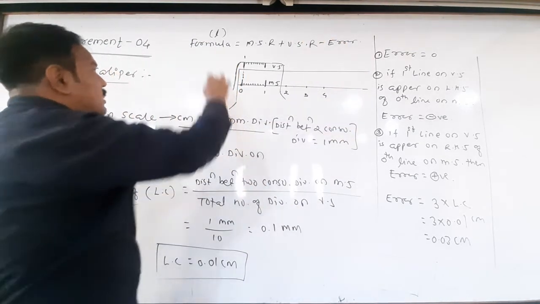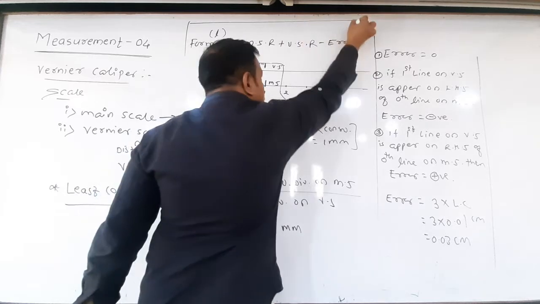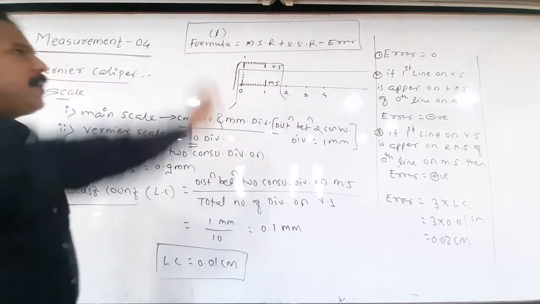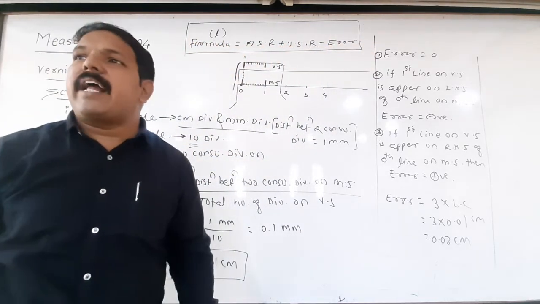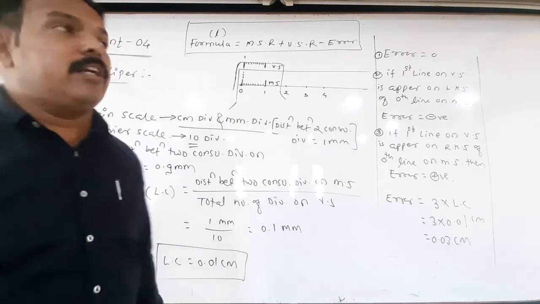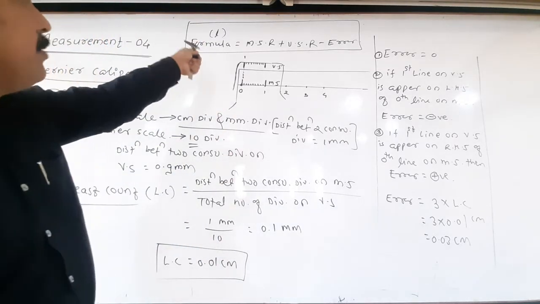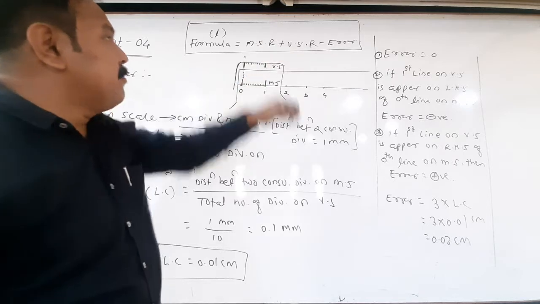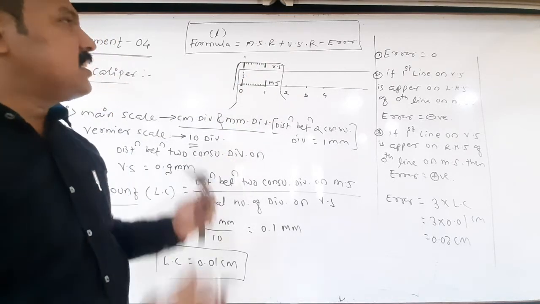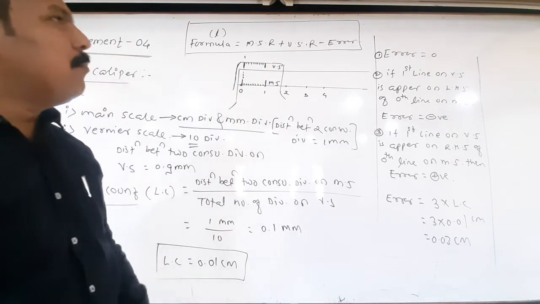See, this is the important formula. Only one formula we have to use as far as the vernier caliper is concerned. How to measure the length or the diameter? It is equal to MSR, main scale reading, plus vernier scale reading minus error.